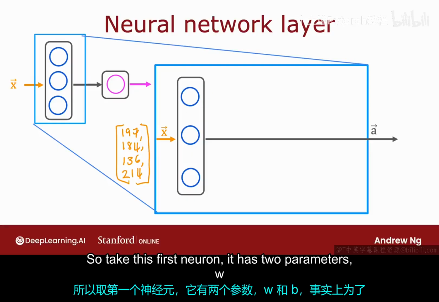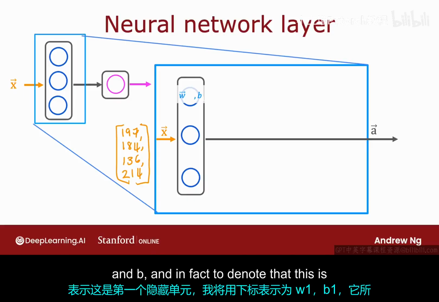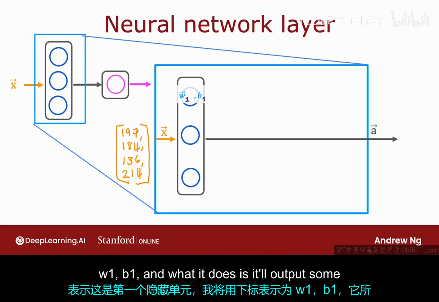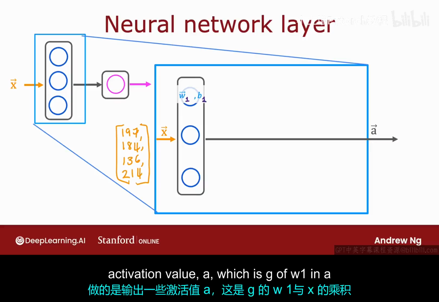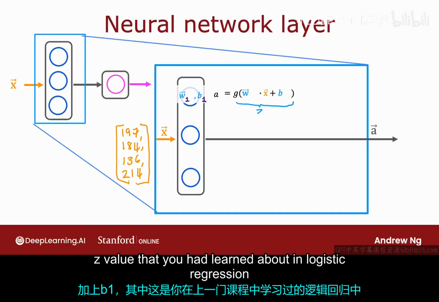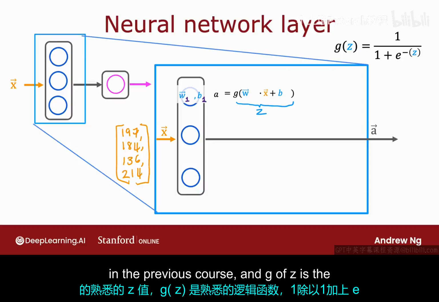So take this first neuron. It has 2 parameters W and B. And in fact, to denote that this is the first hidden unit, I'm going to subscript this as W1, B1. And what it does is it'll output some activation value A, which is G of W1 in a product with X plus B1, where this is the familiar Z value that you had learned about in logistic regression in the previous course.